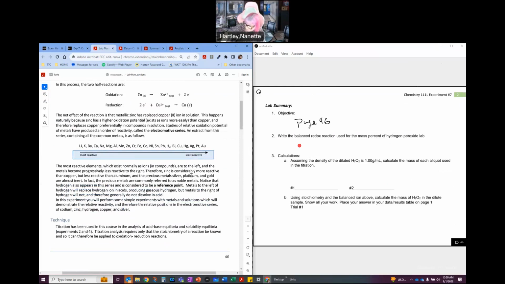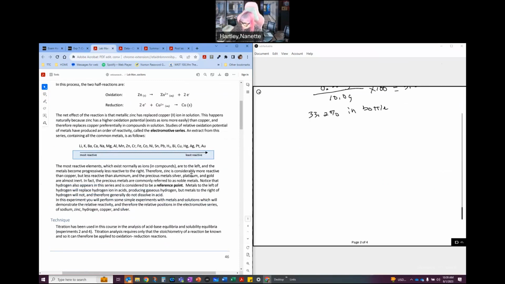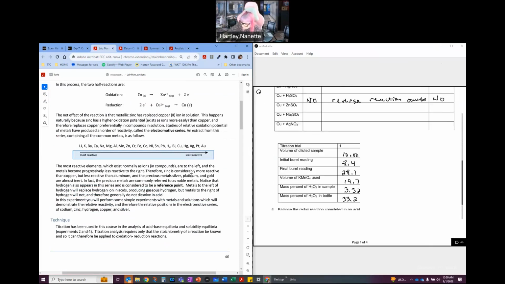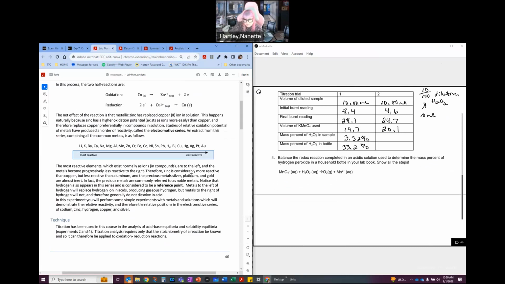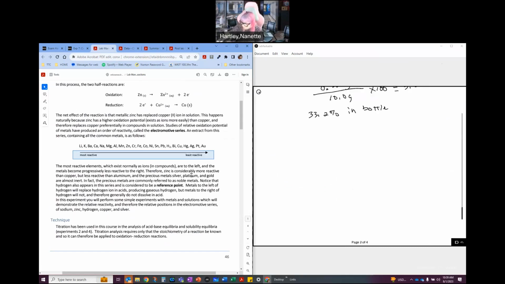This is from the last page. We did this at the very end of the last page, right here. You're supposed to show that balancing. So that's what we're talking about. It's the same balanced equation.